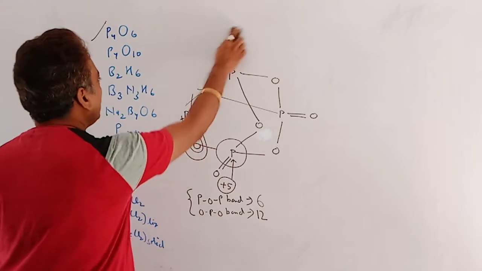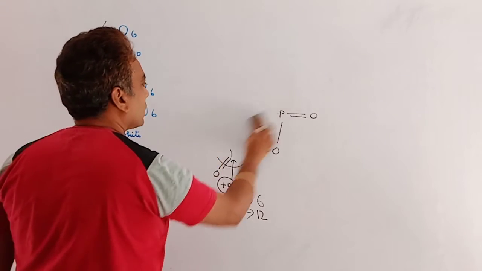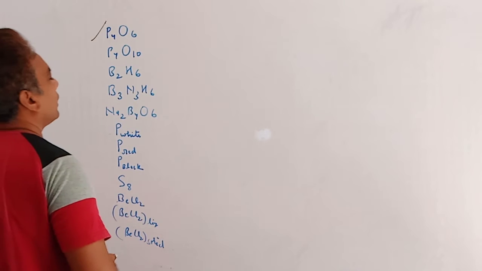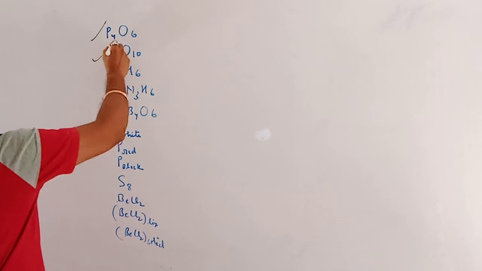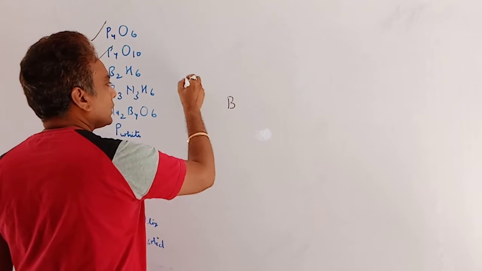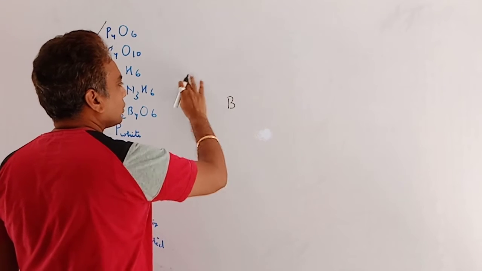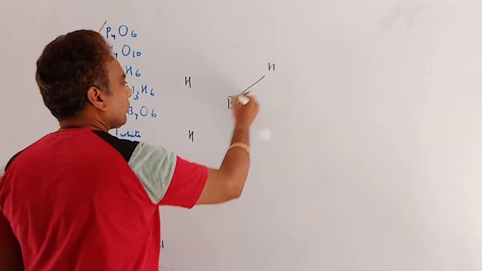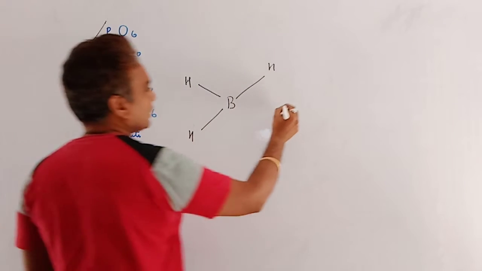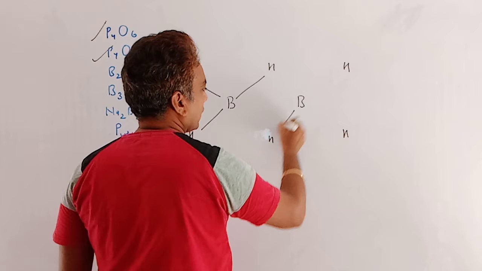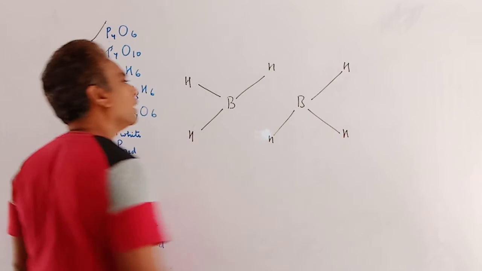Now B2H6. This is the dot structure of diborane, B2H6. Here is boron, which contains 3 electrons in the outermost shell. So 3 hydrogens are directly attached to each boron like this. Clear?